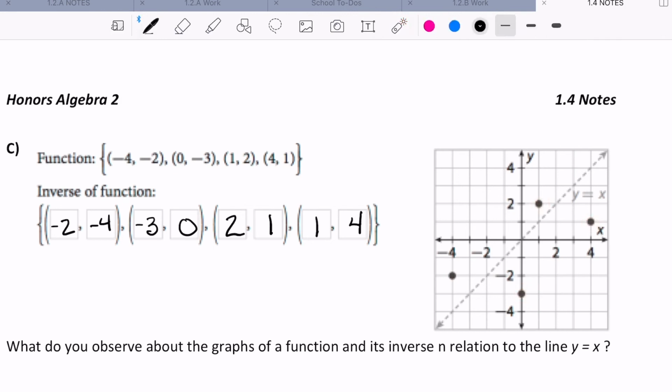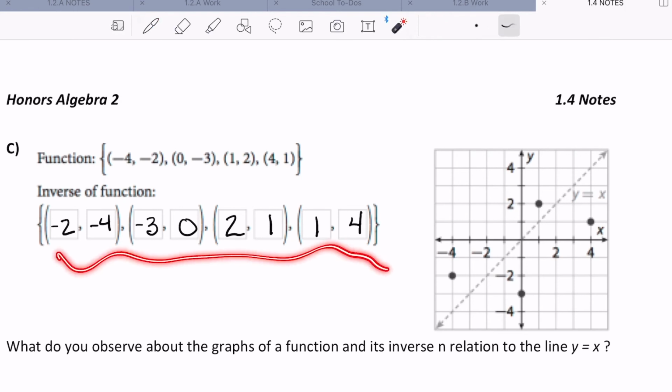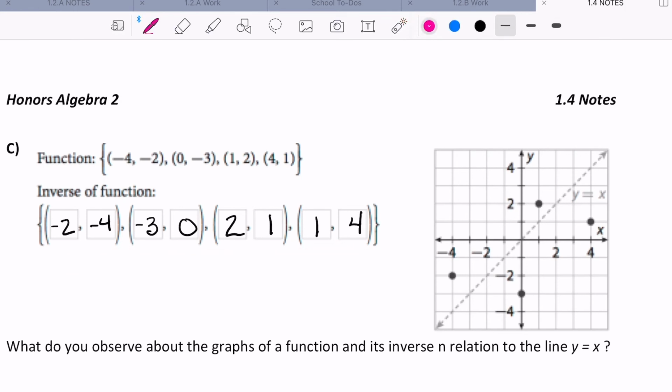We are now going to graph the inverse function with the coordinate points that we found. So if we graph (-2, -4), that's down here, (-3, 0) up here, (2, 1), and (1, 4).